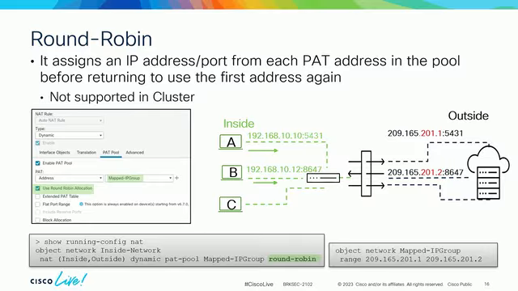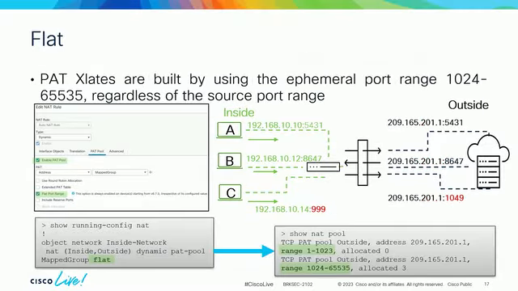And when host C initiates the connection, then traffic from host C will get translated back to the first IP address within the PAT pool, which is the 201.1. And this is because when we work with the round robin keyword, the PAT pool is treated as a circular data structure.